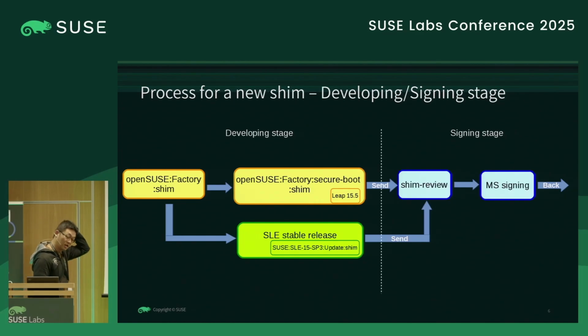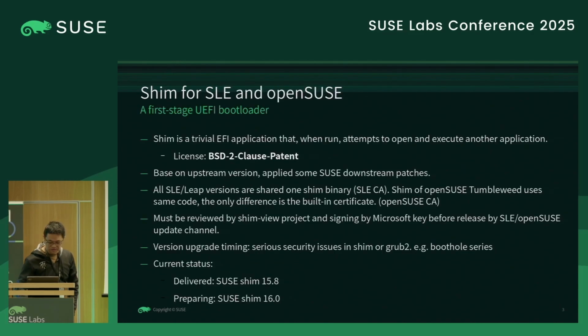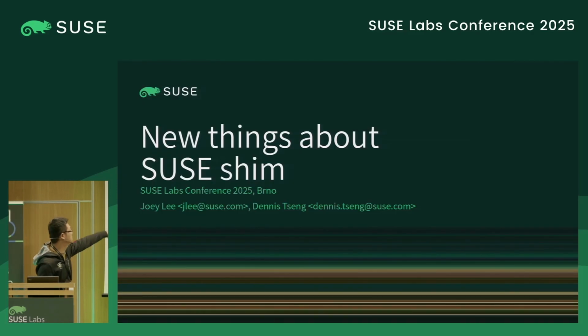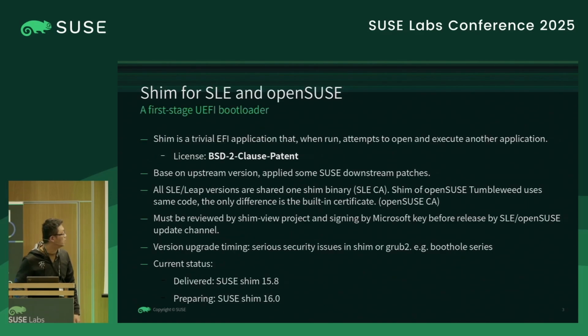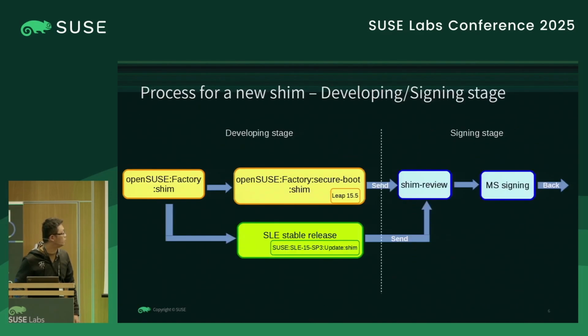So we try to contribute to the Shim review. Sorry, I forgot one thing. Dennis Zheng is our team member who is in Taipei also. He cannot join here, so I put his name here, and he helped to contribute to the Shim review project, because the Shim review project has many different distros.